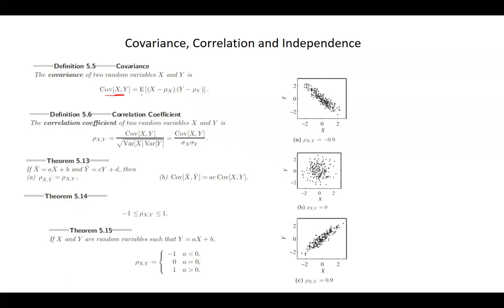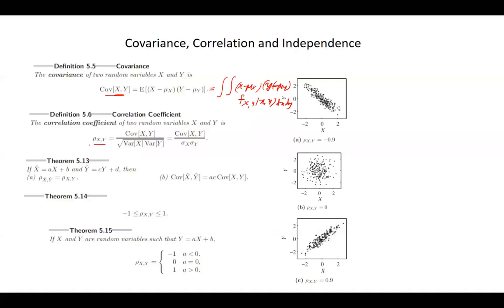Covariance is equal to expectation of x minus mu x times y minus mu y. For continuous random variables, this corresponds to double integration of x minus mu x, y minus mu y times fxy, xy, dx, dy. Okay, so double integration again.